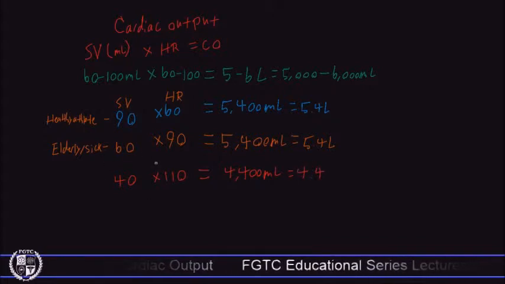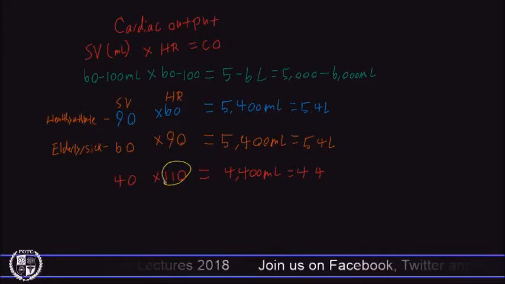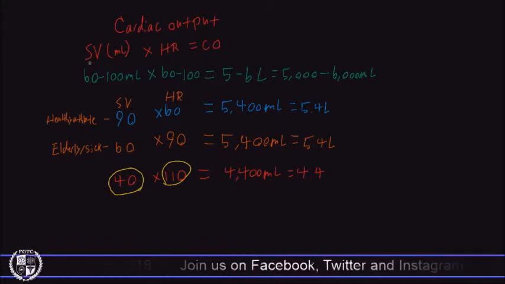So this patient right here, their stroke volume is going to be very, very low, and their heart rate is going to be very, very high. And so this tells you right off the bat that this patient is going to be very sick, with that 110 heart rate and that 40 for their stroke volume.